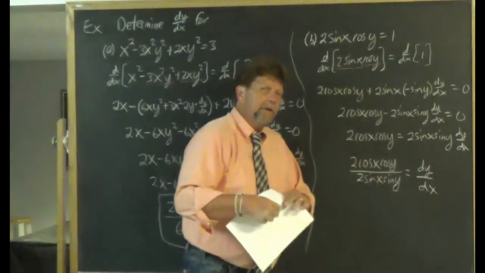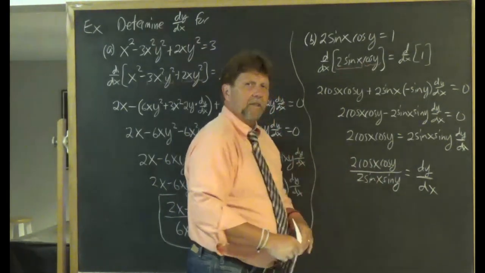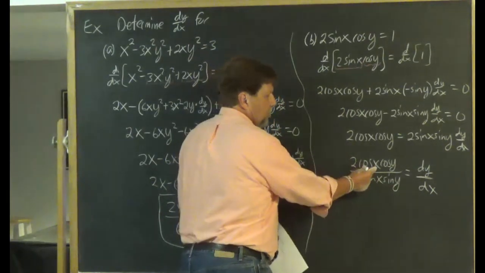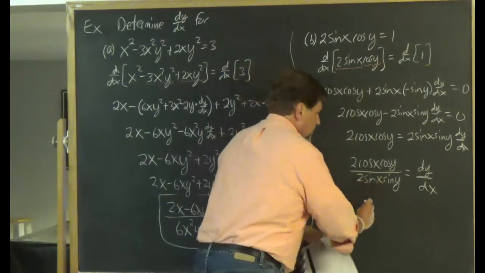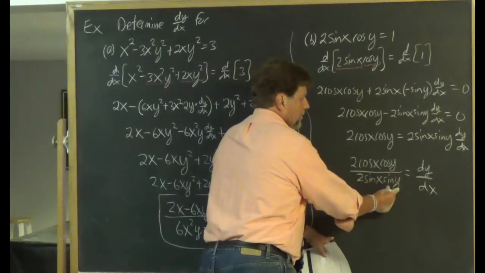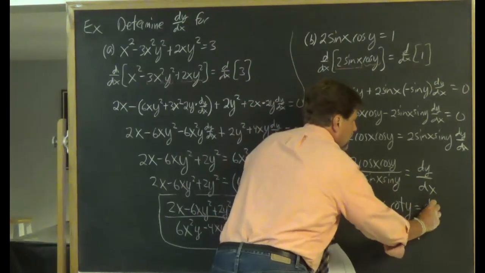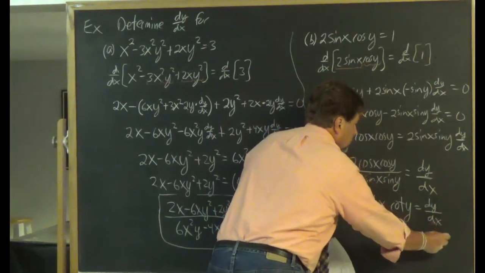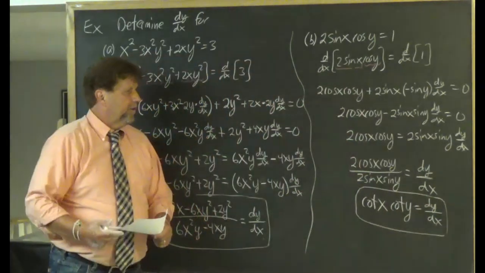In fact, I could simplify a little bit. I mean, hey, the 2's would cancel out. Cosine x over sine x, that's cotangent x. Cosine y over sine y is cotangent y. And I'm not going to go any further.